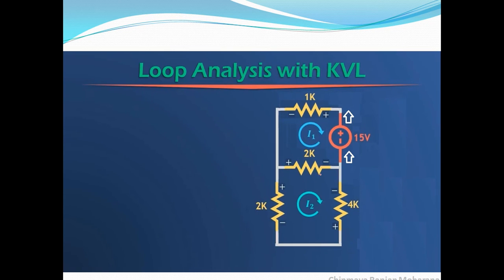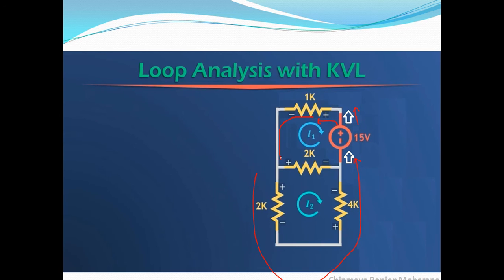First of all, we have to ensure our current flows in this direction, from positive to negative. So our direction should be, current in this direction means this is positive.